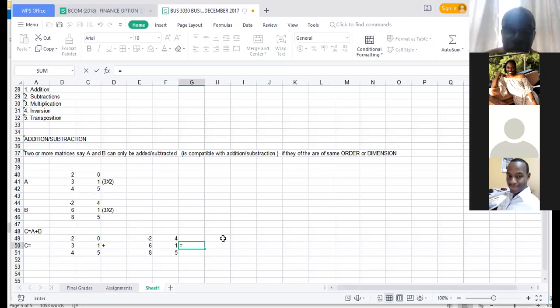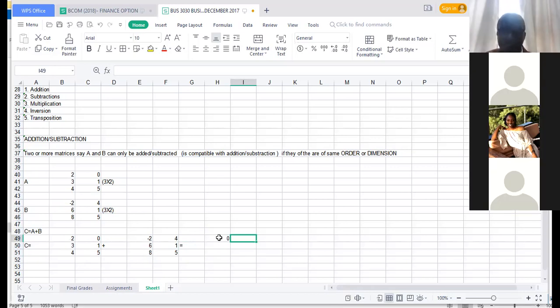What are the corresponding elements? What will be the sum here? 2 plus minus 2, which is 0. What will be here? 4. Here? 9.